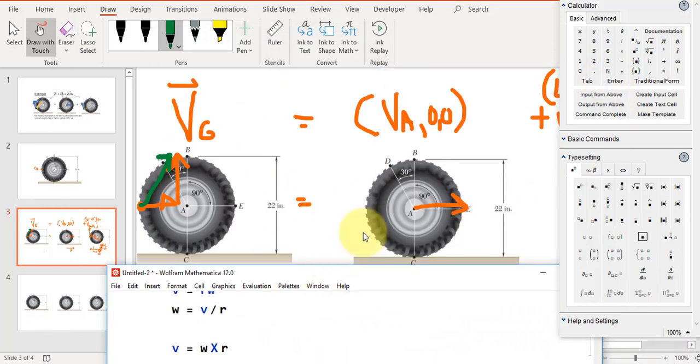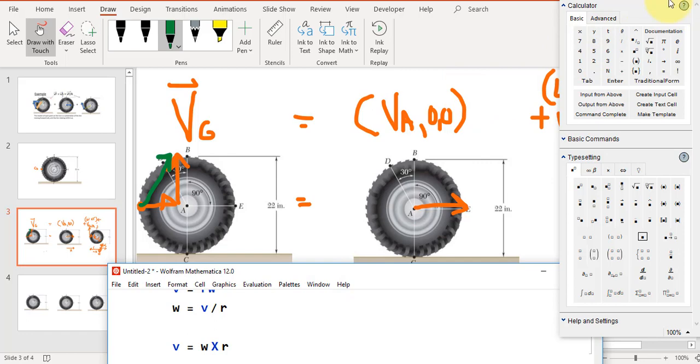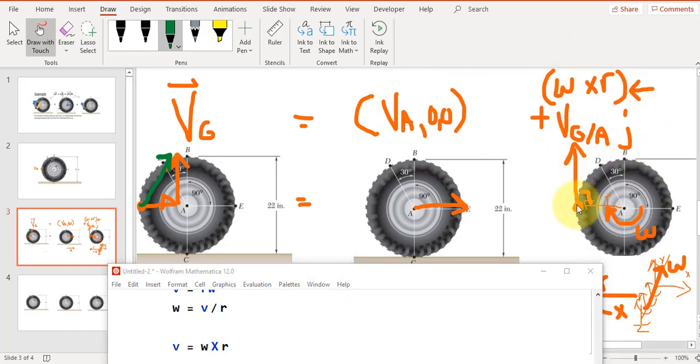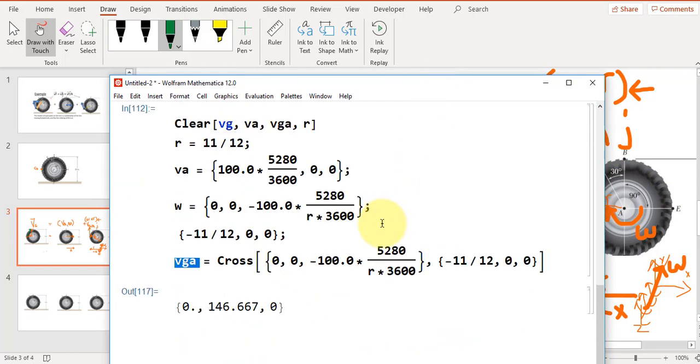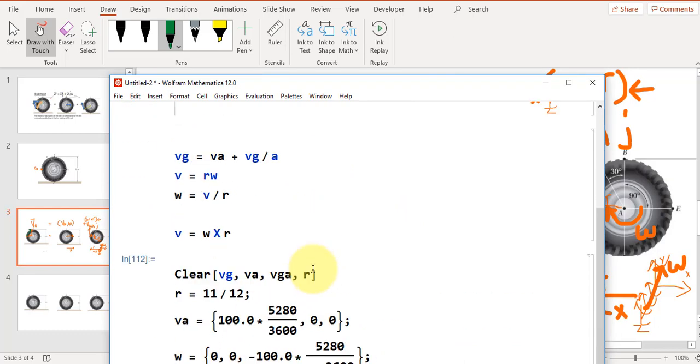So if you look at this, G with respect to A, this is how that point is moving with respect to the hubcap, and that motion is always the rotational piece of it. So walking through this cross product, it shows us that that velocity is going straight up in the air. This is a good way to deal with vectors.